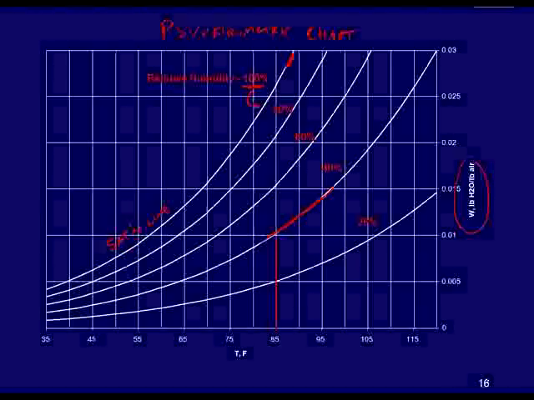If you get out a psychrometric chart from your text, draw this on here and find where those two intersect. Here's the temperature down here versus 40% relative humidity. If you bop over here a little bit, we can find the absolute humidity. This is a little over 0.01 pounds of water per pound of air.